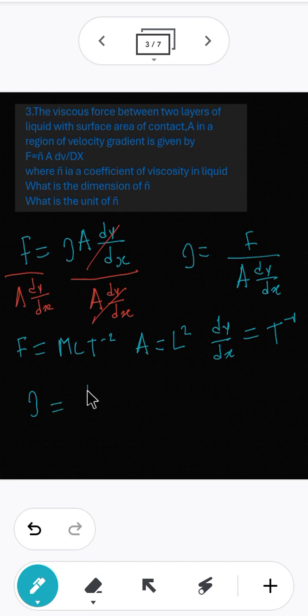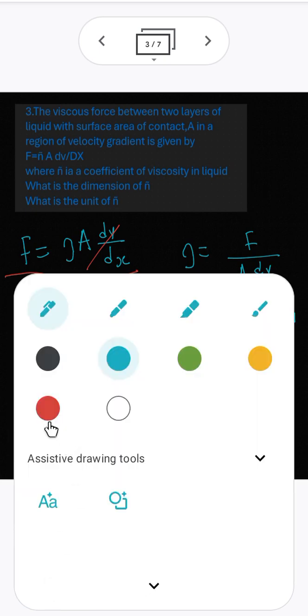So this is going to be MLT minus 2 divided by L squared multiplied by T raised to power minus 1. Now you can cancel out some things.